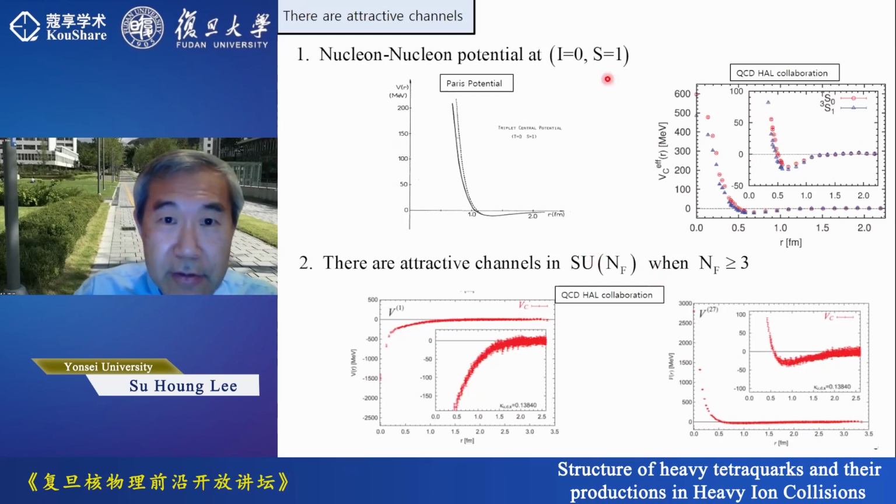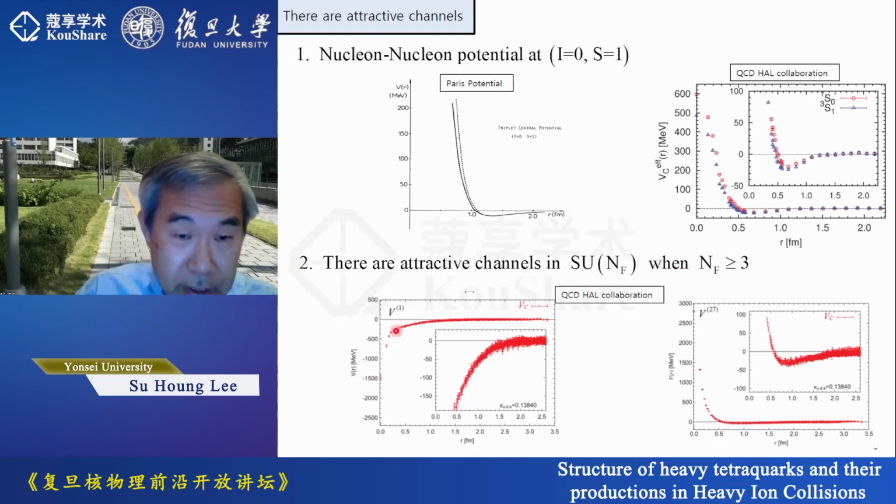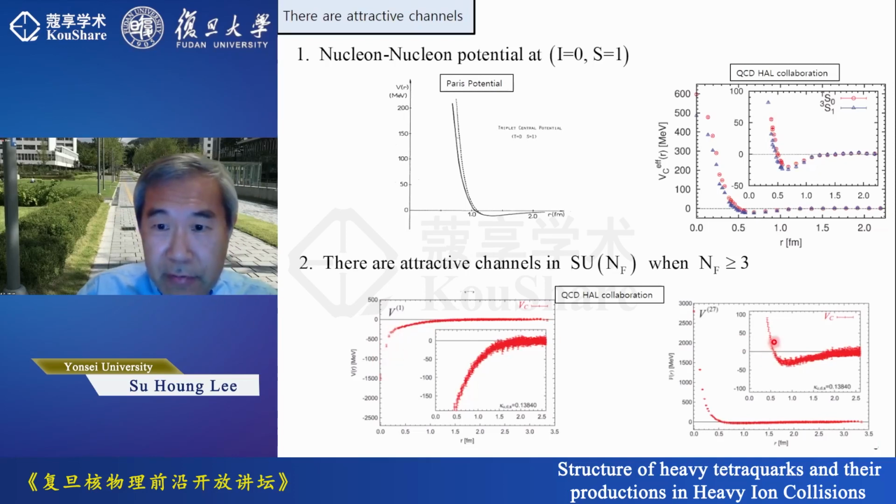On the other hand, if you increase the flavor to 1, then you will see that there are channels that appear which are attractive. For example, in the flavor singlet channel, the baryon potential becomes attractive. And of course, in the flavor 27, it's still repulsive.